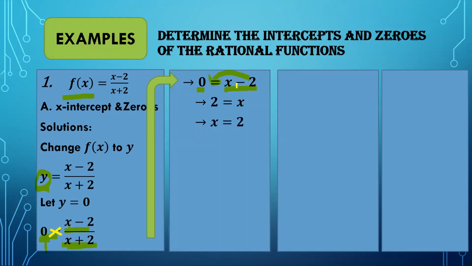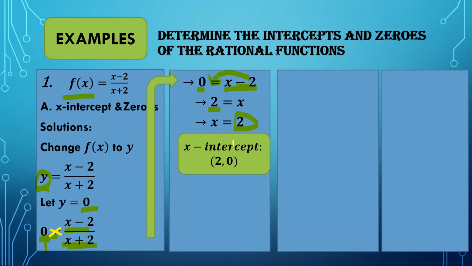So again, the negative 2 becomes positive 2 by transposition or by the additive inverse. Therefore, the x-intercept is (2, 0). Why (2, 0)? The x is 2, and the y is 0. So in an ordered pair, the x-intercept is (2, 0).